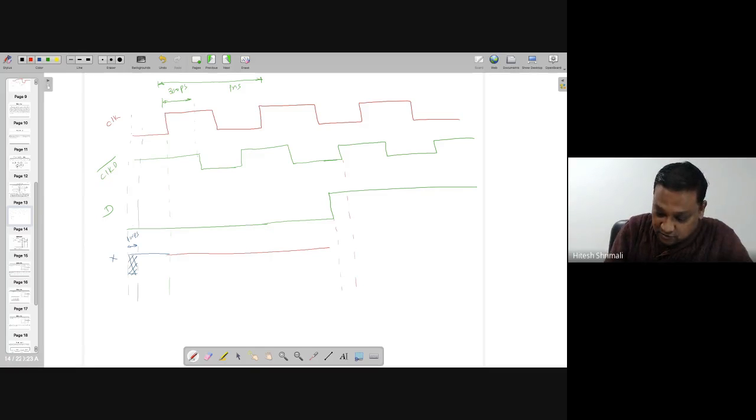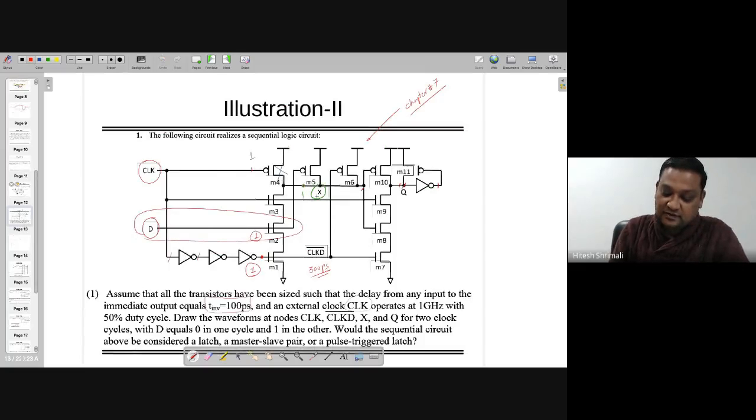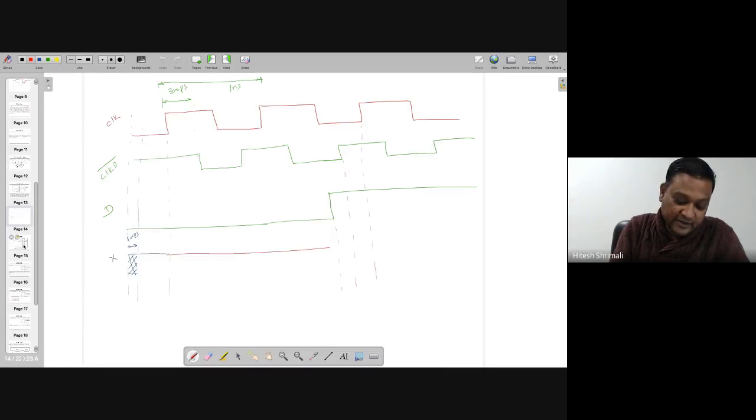And also, there is a small time when it's propagating, right? So in small time, X will go to 0 and then come back.